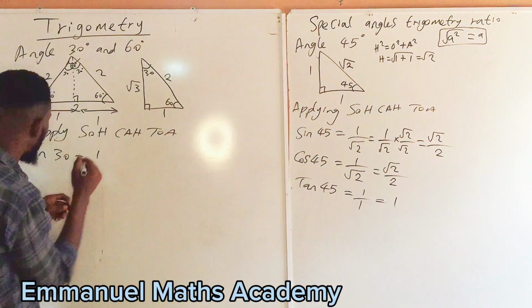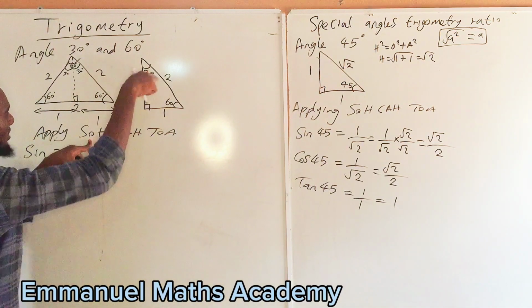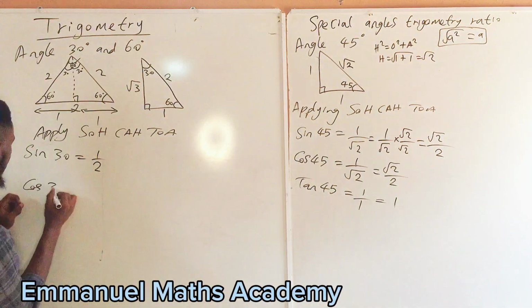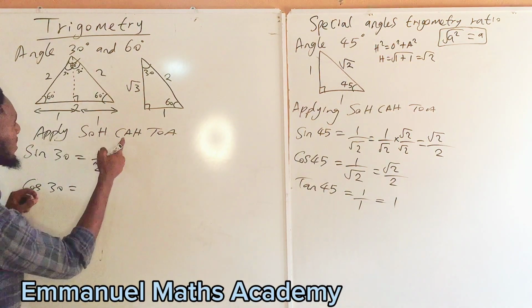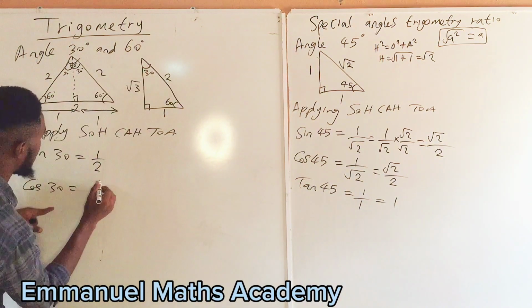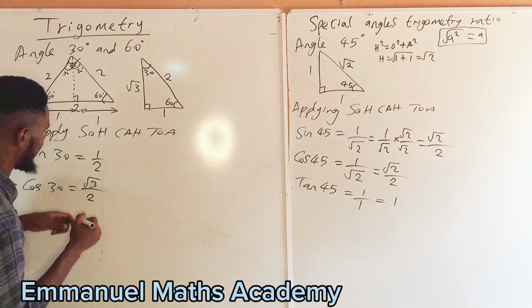Is that clear? Now look at this. Sine 30 is opposite over hypotenuse, 1 over 2. Then cos 30 is equal to adjacent over hypotenuse. Where's the adjacent? Over hypotenuse, which is 2.